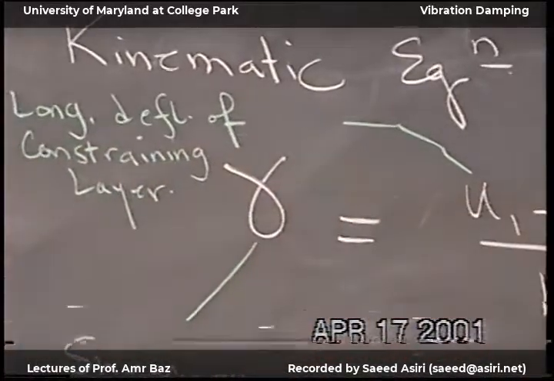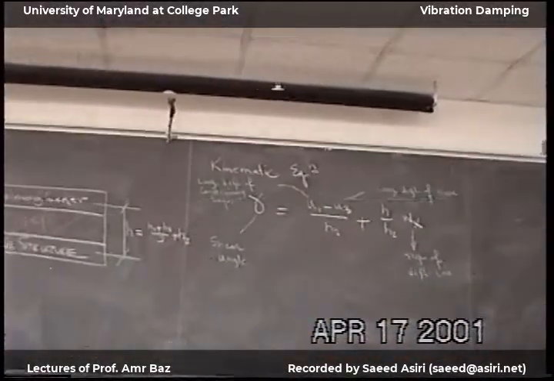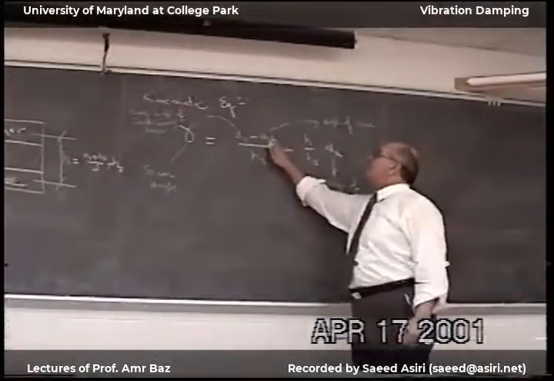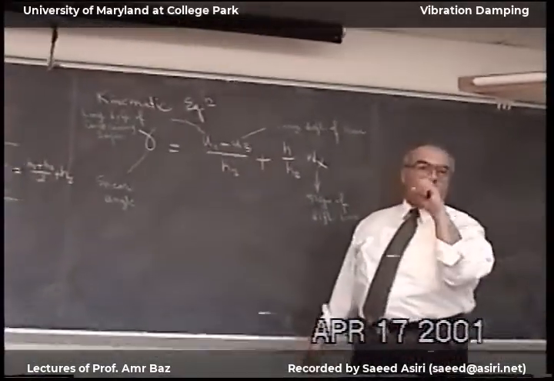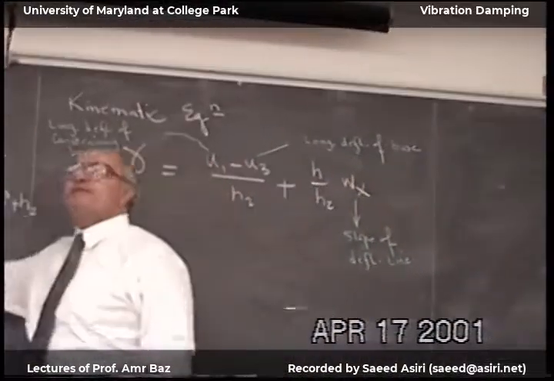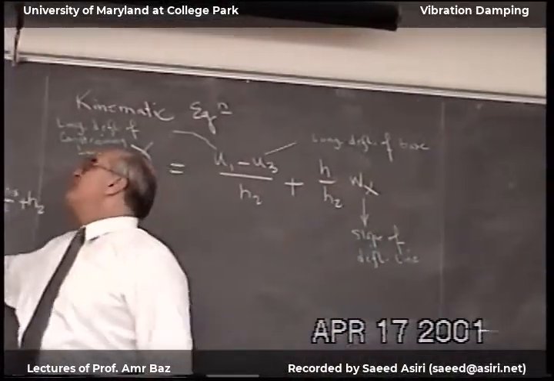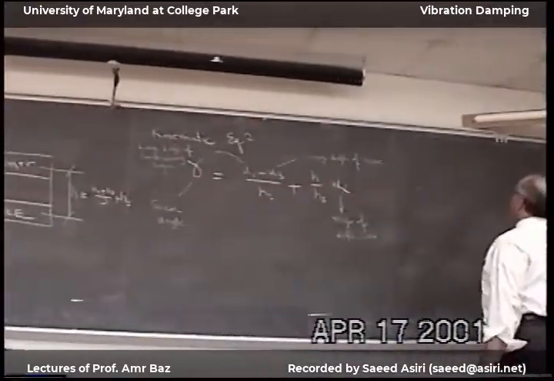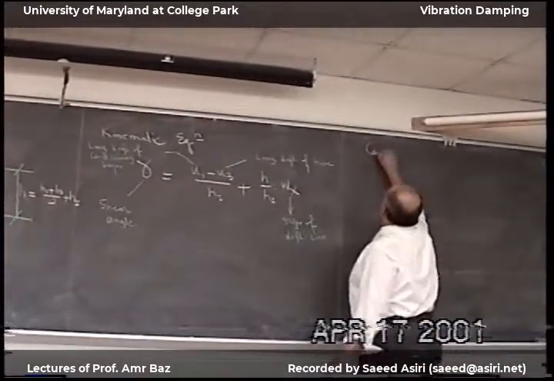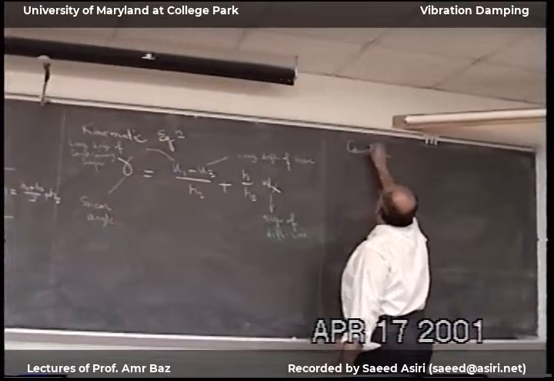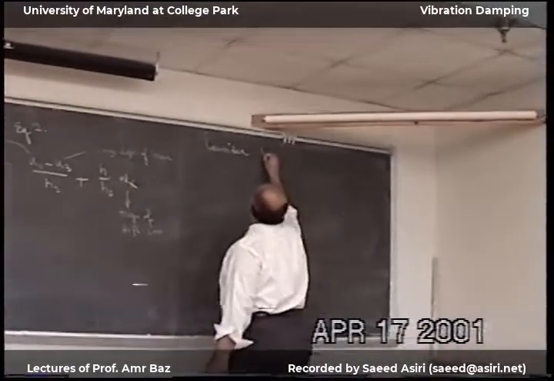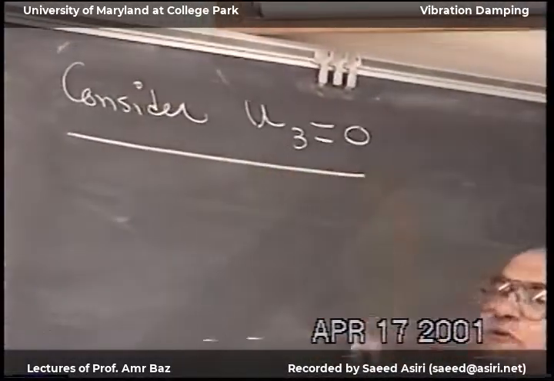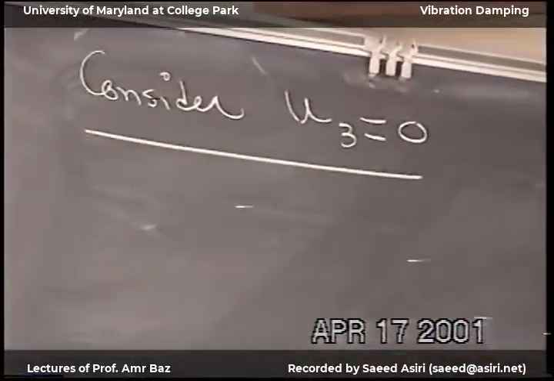Now I'm going to take first a very simple case where U3 is almost zero. The base structure is massive compared to the rest of this thing, so U3 is equal to 0. So let's consider this case, and then after we solve it, we'll do the case when U3 is not equal to 0.